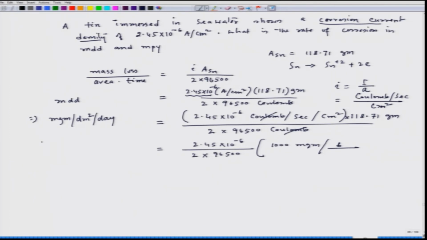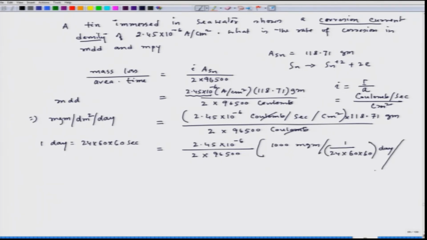Because 1 day is equal to 24 hours, 60 into 60 seconds, so this second becomes 1 divided by 24 into 60 into 60 day.